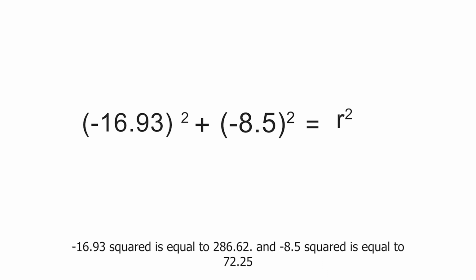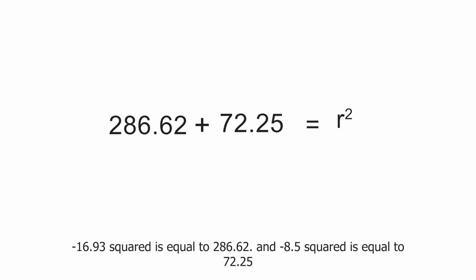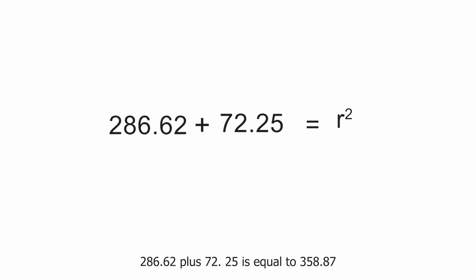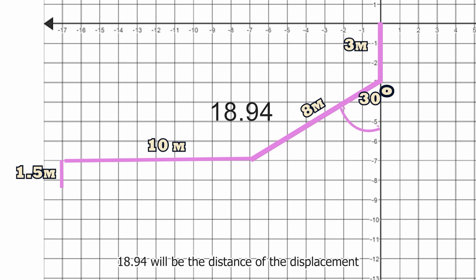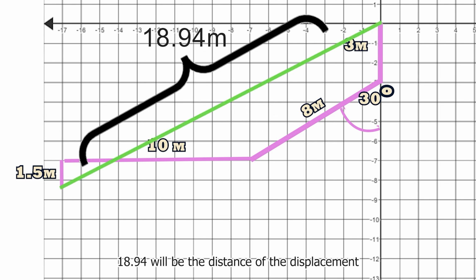Negative 16.93 squared is equal to 286.62. Negative 8.5 squared is equal to 72.25. 286.62 plus 72.25 is equal to 358.87. Get the square root of both sides, and the square root of 358.87 is 18.94. 18.94 will be the distance of the displacement.